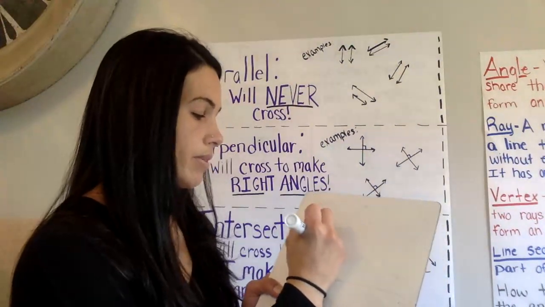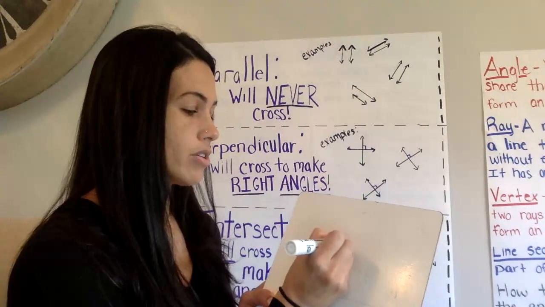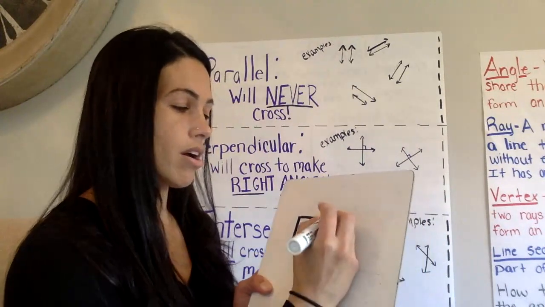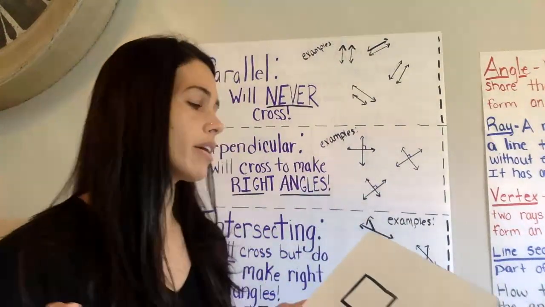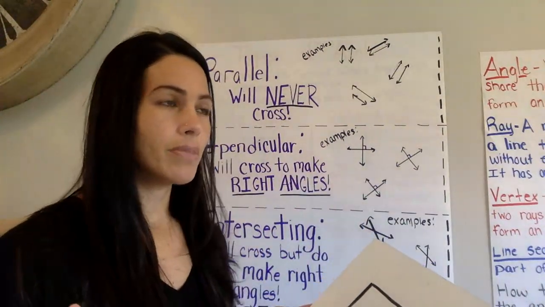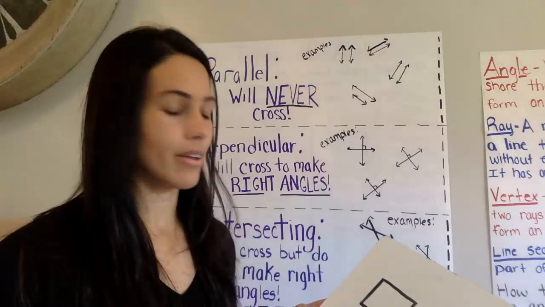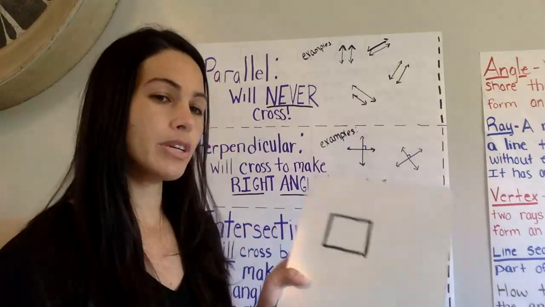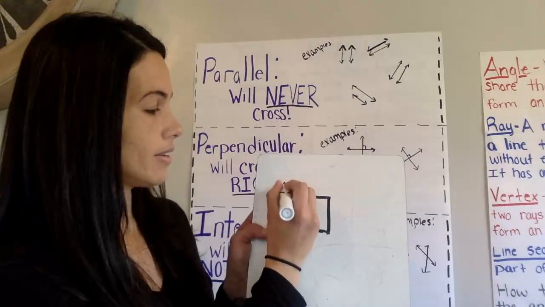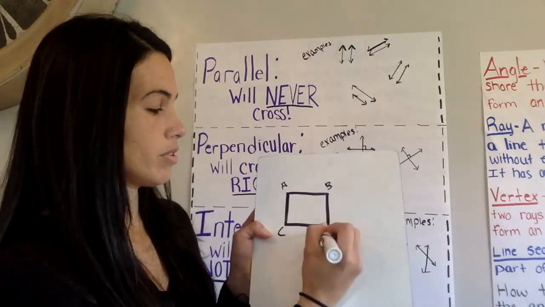But one other thing that I want to go over for parallel lines is how you see it in a shape, because this is something you will see on SBAC, on those IABs that you take, the MI. They like to trick you guys, but you guys are smart, so you're going to know these answers. They're going to show you a shape, and I just drew a square.